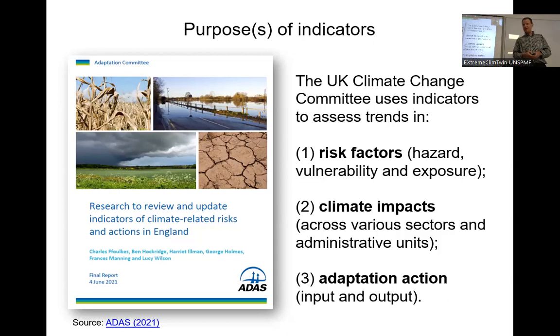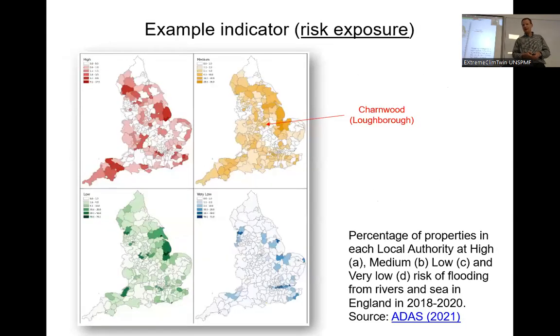So here are some examples from the UK. An example of a climate risk indicator used to measure exposure is the percentage of properties in administrative areas that are exposed to high, medium, low, and very low flood risks from rivers and the sea.